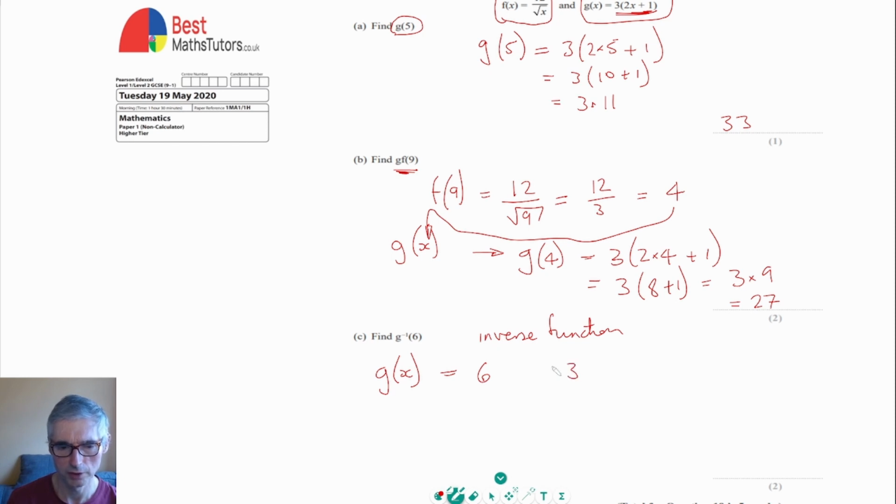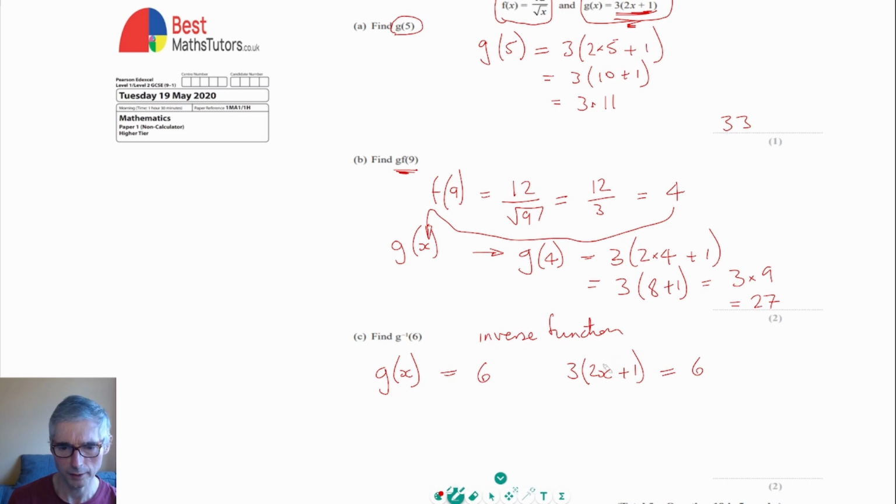So I can say my g of x from the top is actually 3 times the bracket 2x plus 1. If I make that equal to 6, what I've got is an equation which I can try and solve for x. There's a couple of ways I could do this.